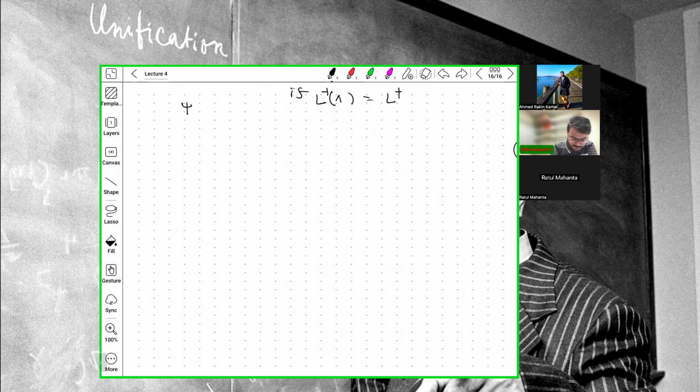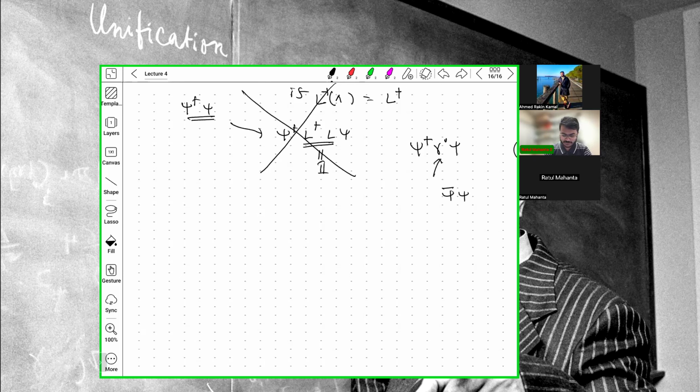In that case, psi dagger psi would be Lorentz invariant, because it should go to psi dagger L dagger L psi, but L dagger L for a unitary representation is identity. But this is not the case, and we really need a gamma 0 to make it Lorentz invariant. And that's the third justification.